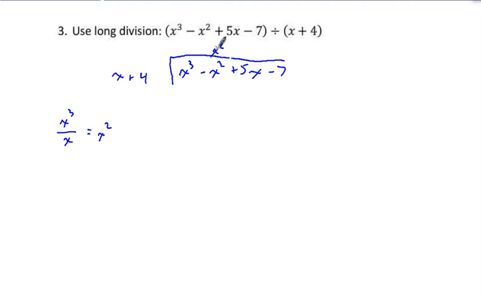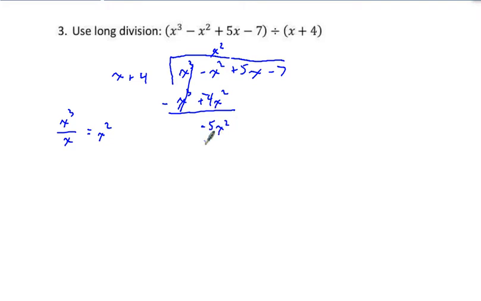After divide is multiply. x squared times x cubed, x squared times 4, plus 4x squared. After we multiply, we subtract, which changes the signs. So x cubed minus x cubed cancels, which we want. Negative x squared minus 4x squared is negative 5x squared.